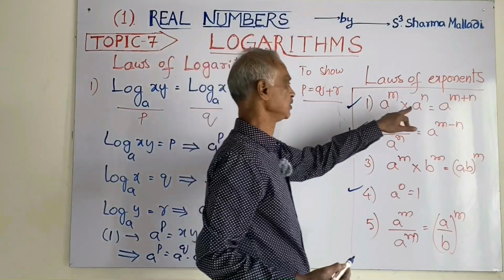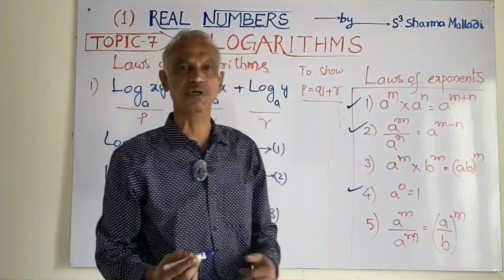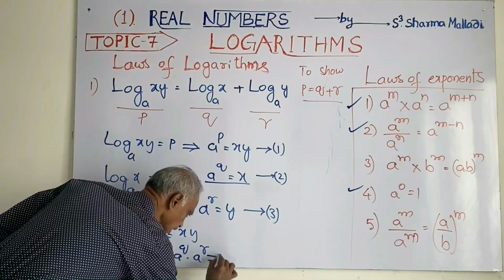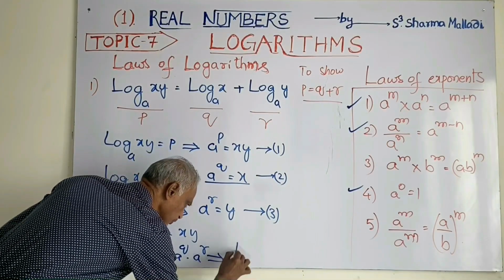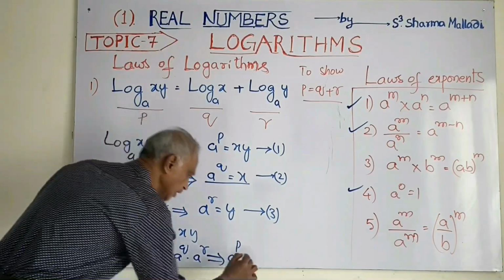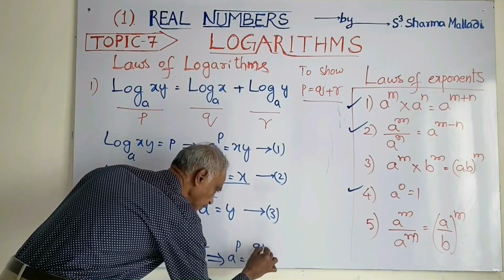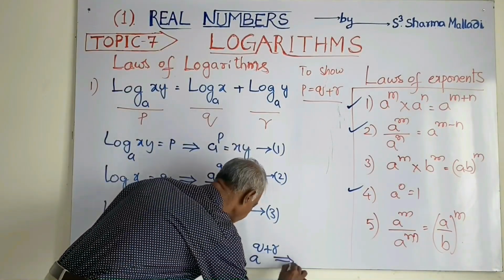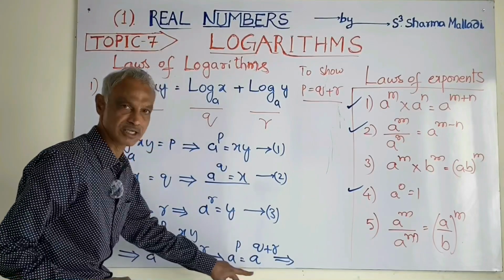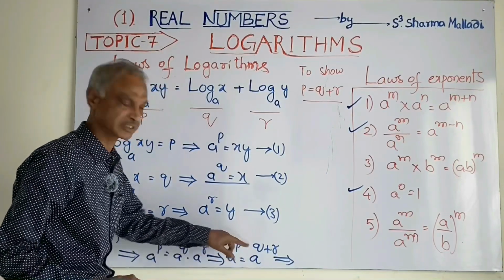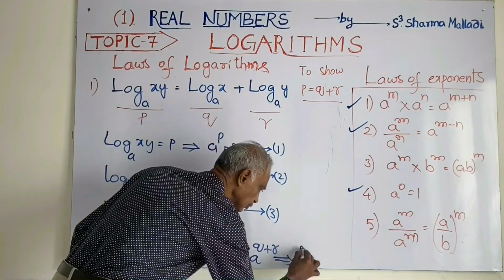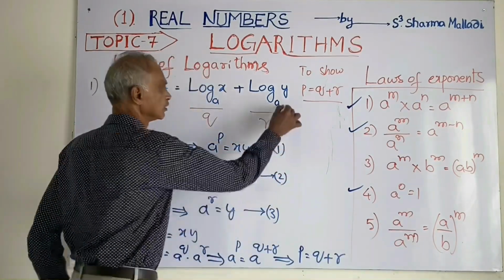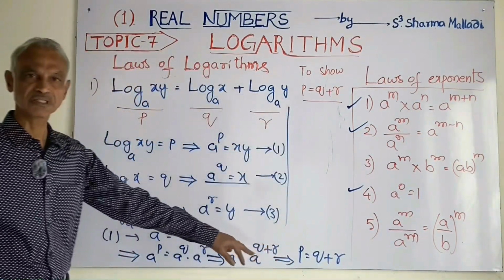A to the power of m into a to the power of n can be written as a to the power of m plus n. Like that, this can be written as a to the power of p is equal to a to the power of q plus r. As we got bases are same, you can equate powers. P is equal to q plus r.